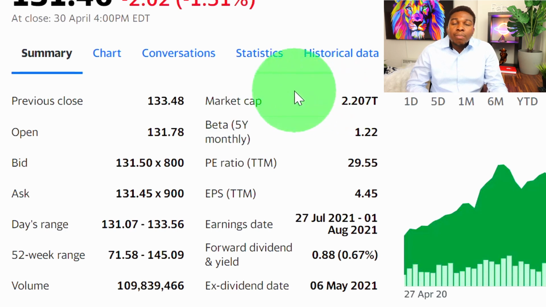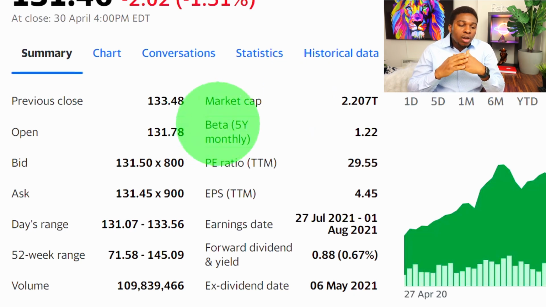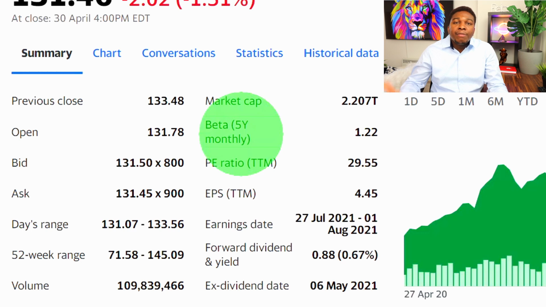Now, when we talk about the stock market, or when people say stock market risk, they're mostly referring to the S&P 500 or Dow 30, as people call it. This beta here is just to tell us the risk of buying an Apple share. How does it relate to the average risk in the market, which is the S&P 500?